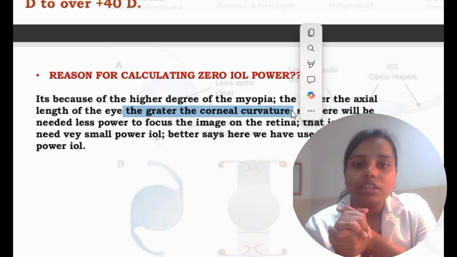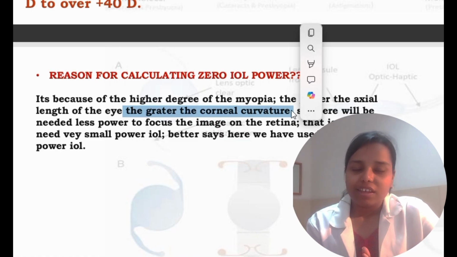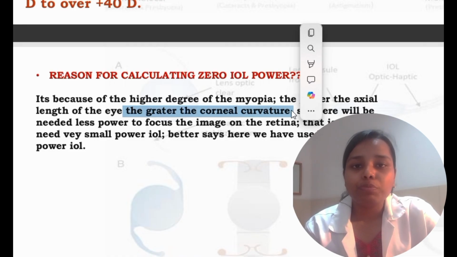And if you ask me how you calculate that power of the diopter, I'm going to tell you guys, I haven't calculated that. That is calculated by machines. Some of the people may know that among the IOL Masters, the newest machine in tertiary hospitals is the IOL 700, right?